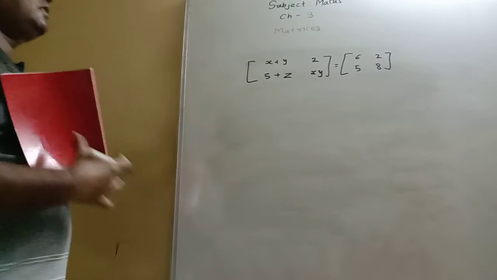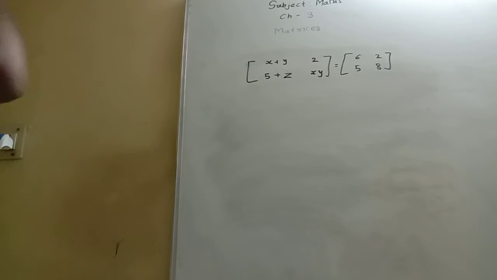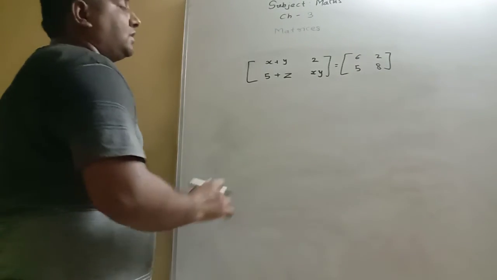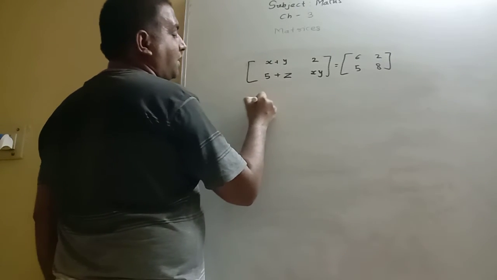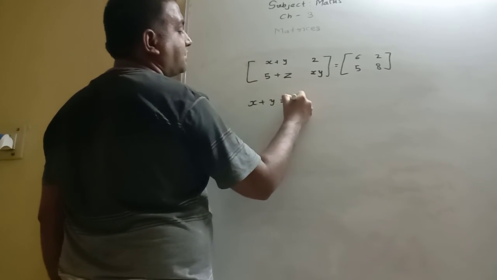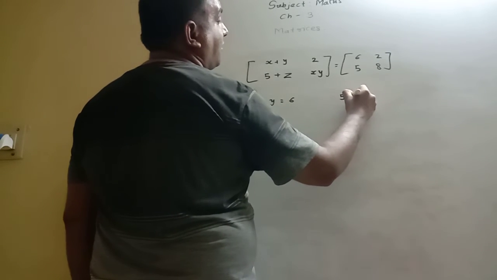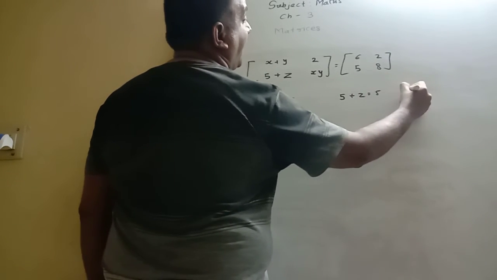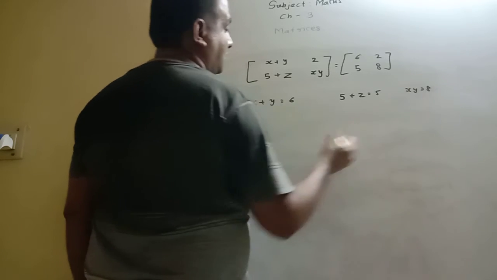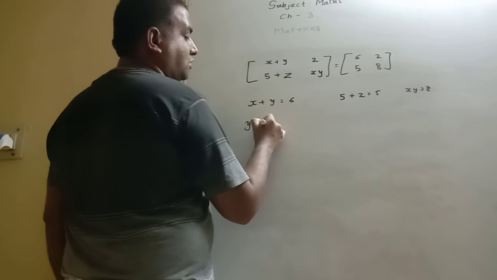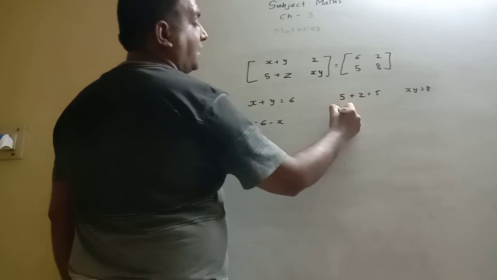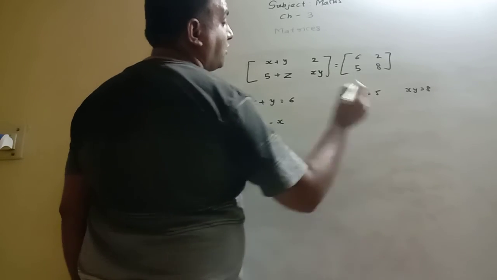Then find x, y, z. So here we compare, then x plus y equals to 6, i plus z equals to 5, and xy equals to 8. So from here y equals to 6 minus x and z equals to 5 minus 5, 0.